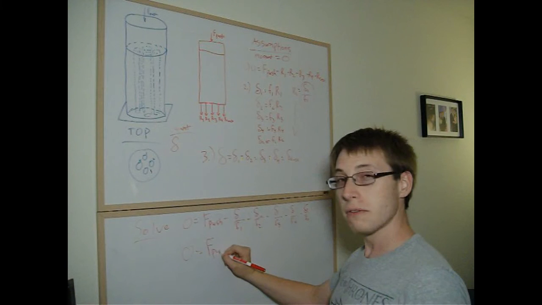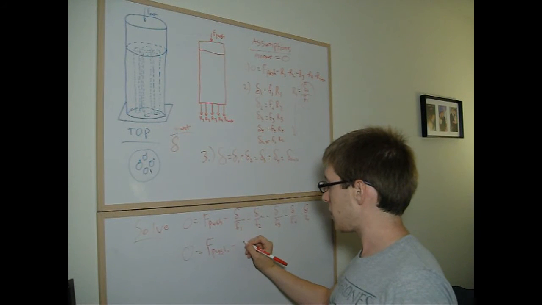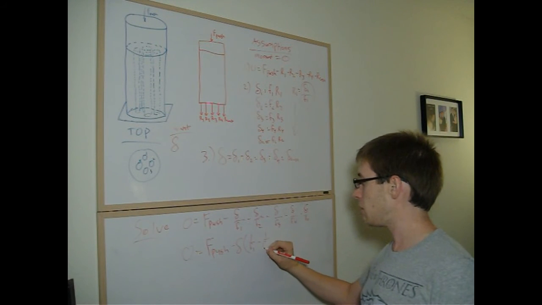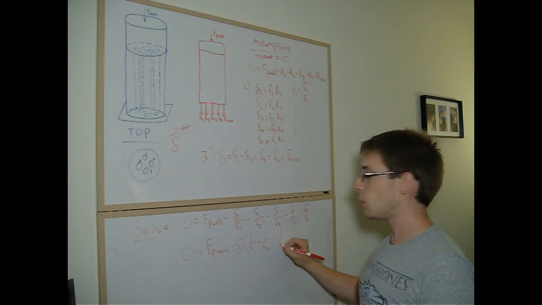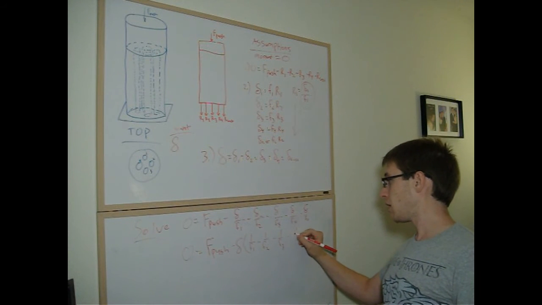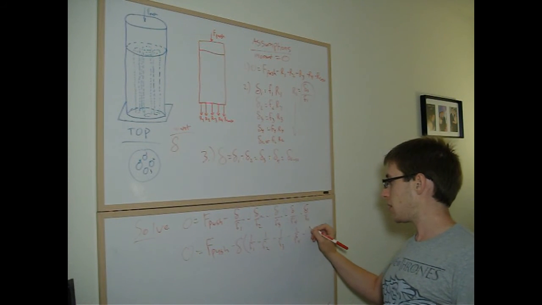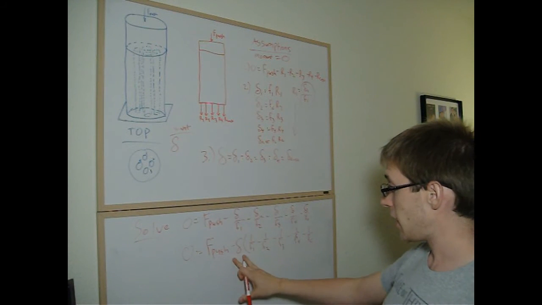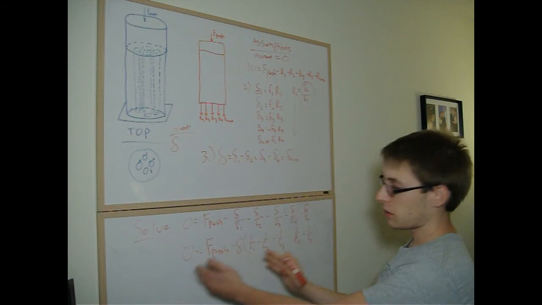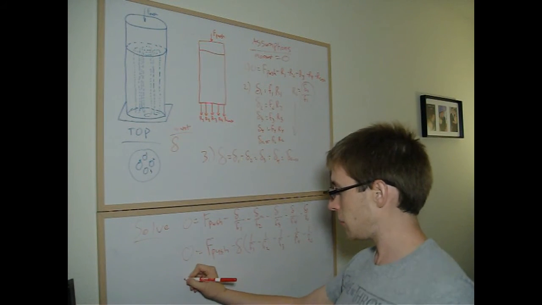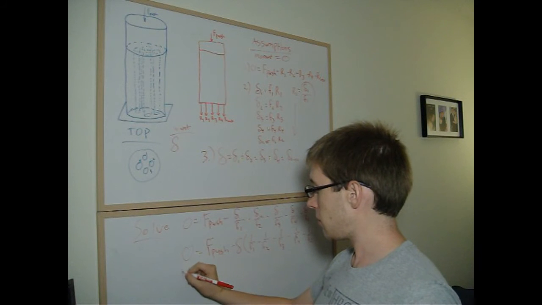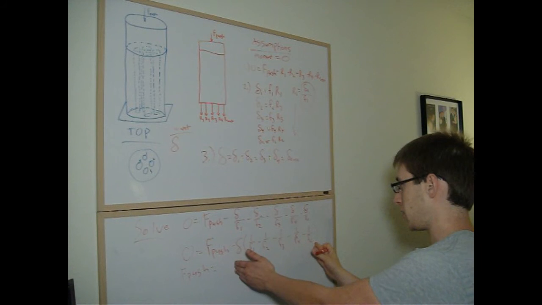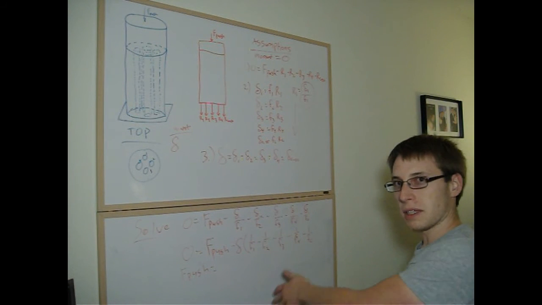So we have force push minus delta times 1 over flexibility 1 minus 1 over flexibility 2 minus 1 over flexibility 3, and so on. Now we can add this to both sides, so we get force push is equal to this delta times the flexibility values.